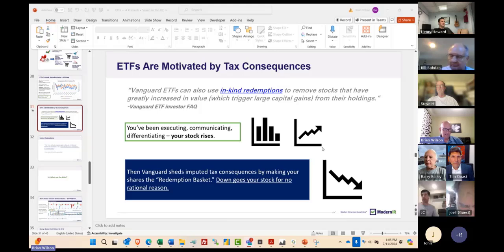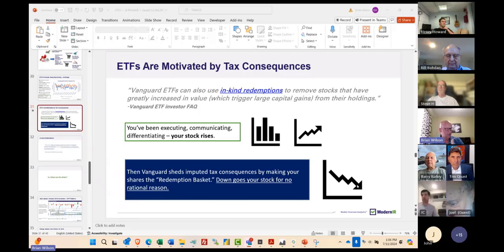It's basically just tax consequences. Tech has had such a huge move up. I think we're getting some in-kind redemptions today. So in other words, tech has been moving higher, you get the plan managers that then toss tech into the redemption baskets, and down tech goes.